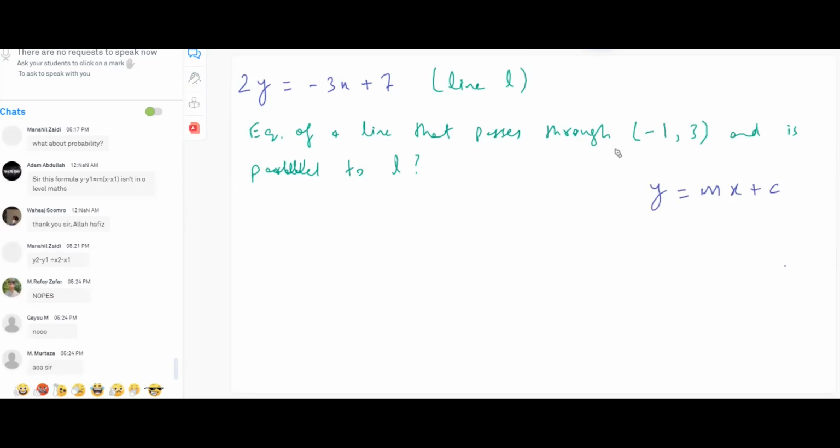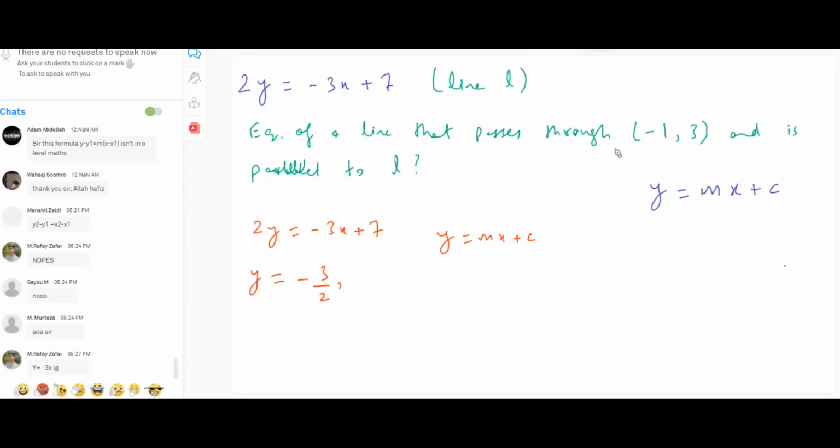वो कैसे करेंगे? 2y equals minus 3x plus 7, ये उस लाइन की इक्वेशन है, इसको हम y equals mx plus c फॉर्म के अंदर कन्वर्ट करेंगे। कैसे? y को सब्जेक्ट बना लें। We get y equals minus 3 over 2x plus 7 over 2.